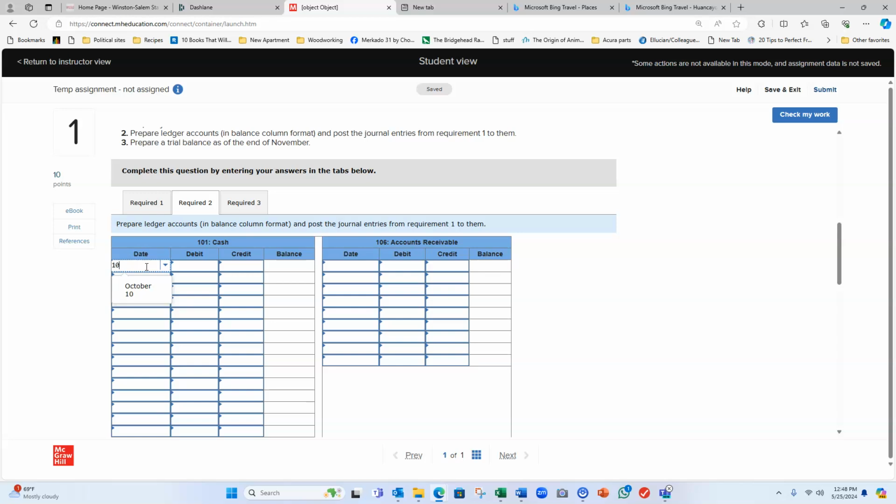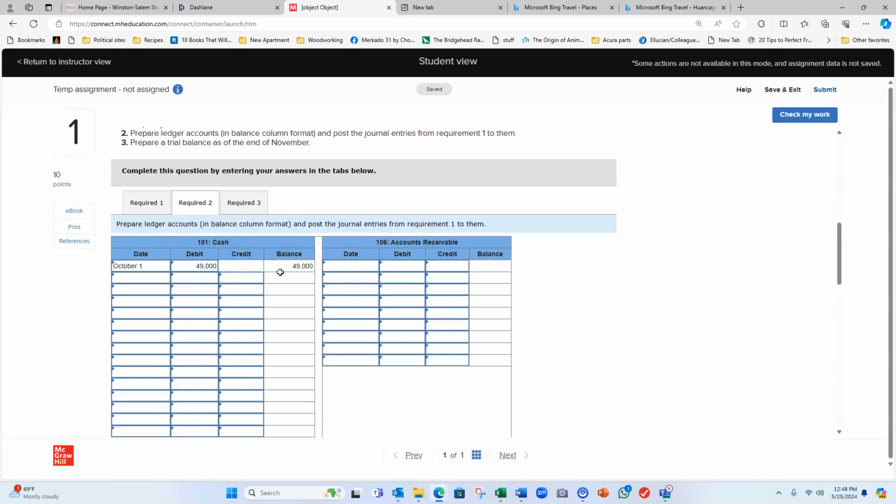October the 1st is a debit of $49,000. Now the debit, so this balance here is $49,000. Can't tell that from looking at the balance, but by looking at the account, you know that cash is an asset, has a normal debit balance.